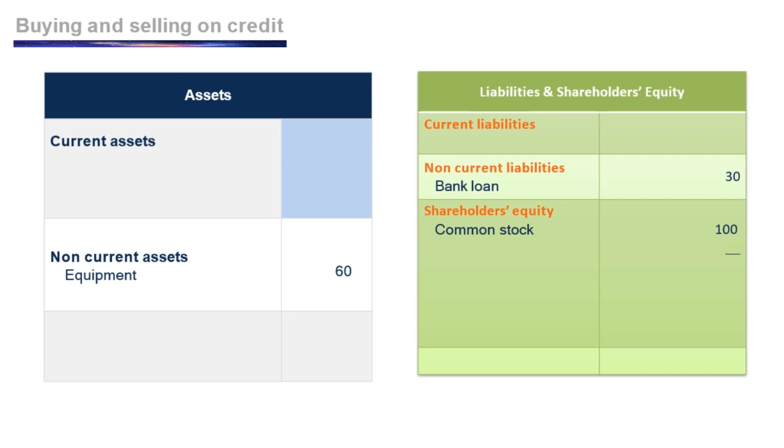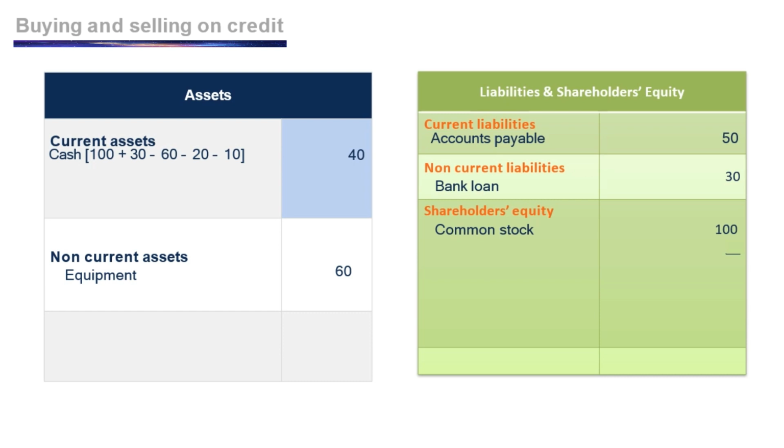First of all, buying inventory on credit means that there are no cash transactions happening. So our cash is not affected in any way and it remains the same. However, we now have a liability, accounts payable of 50, because we are getting inventory worth 50, but we haven't paid anything for it, but we ought to pay.